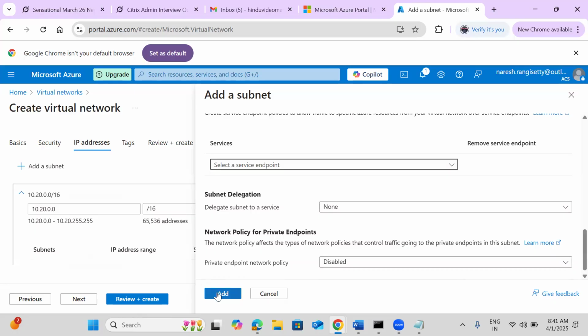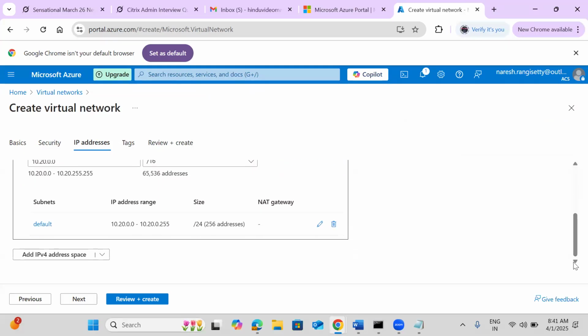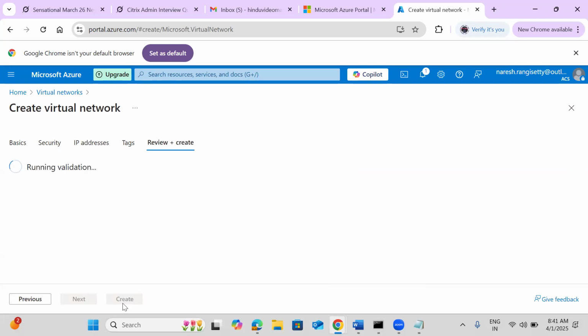Then like this, I'm going to add this subnet also. Like this, you can create multiple subnets also. Then we're going for review and create.